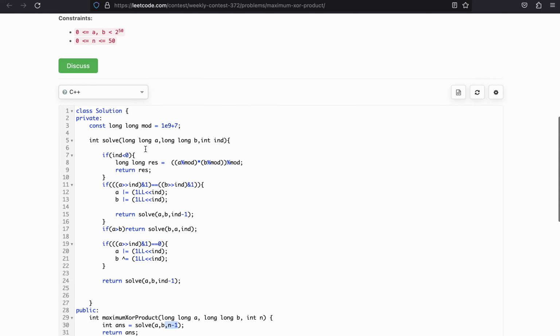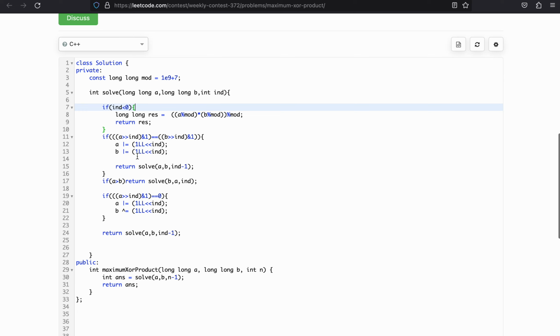And we try to iterate from the leftmost bit to the right.